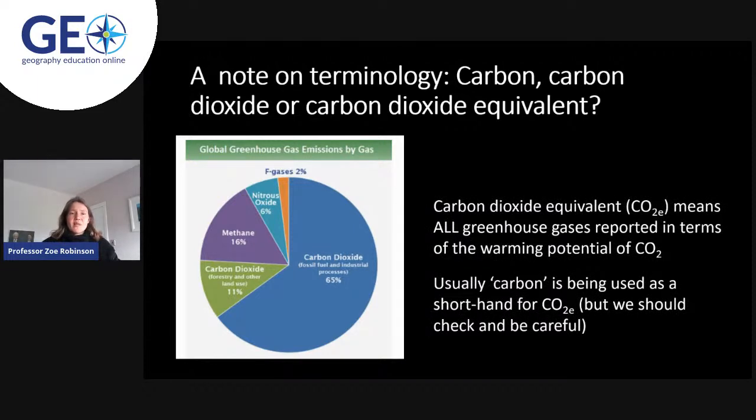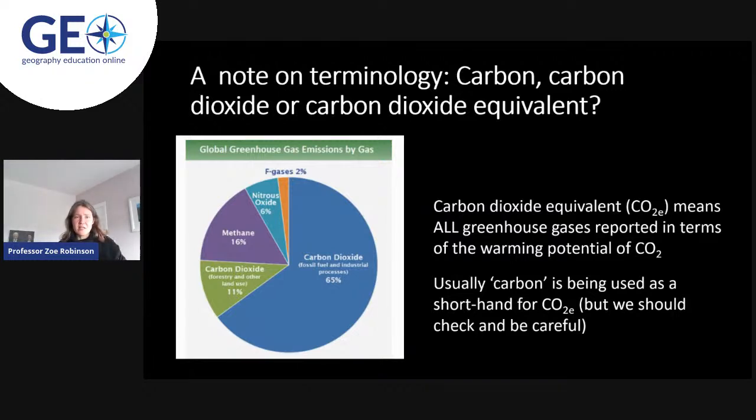So what we can see from the graph is all of our global greenhouse gas emissions by gas, and by far the greatest in terms of amount is carbon dioxide, mostly from fossil fuels, but also from forestry and other land use. But we also have those other greenhouse gases as well.